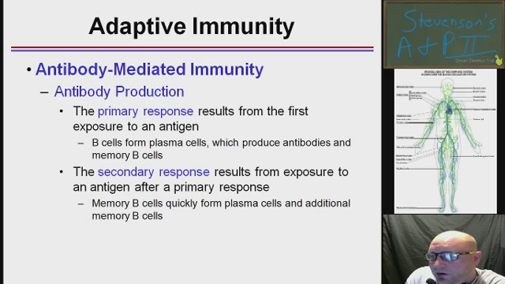Antibody-mediated immunity is caused by antibody production, and the primary response results from the first exposure to an antigen. The B cells form plasma cells, which produce antibodies, and memory B cells. The secondary response results from exposure to an antigen after a primary response. Memory B cells then quickly form plasma cells and additional memory B cells.